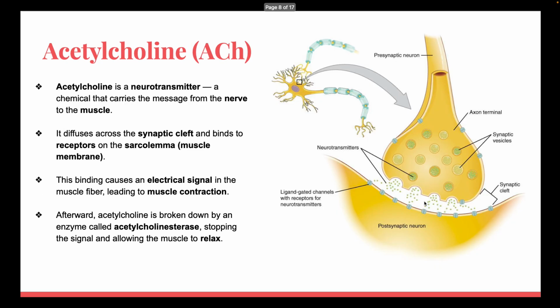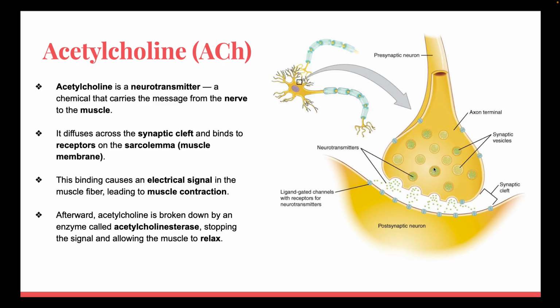When we talk of acetylcholine, as I said, it's a neurotransmitter, a chemical that carries a message from the nerve to the muscle. When it is released, these are the small dots. They are contained in the sac.